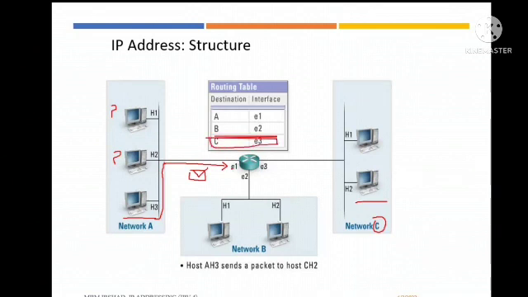So the router will forward this one to C. Then C will check whether it is for this host or this one. This is for H2, so it will be taken. The packet will be received by this device. So this is how things work on the line.